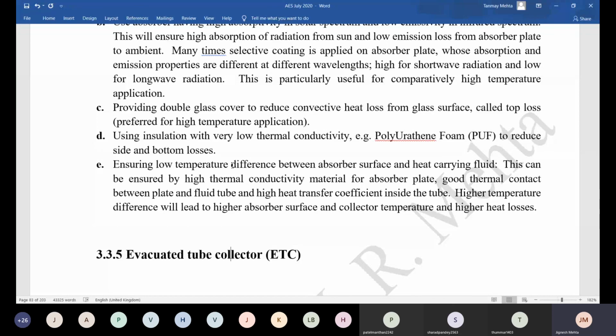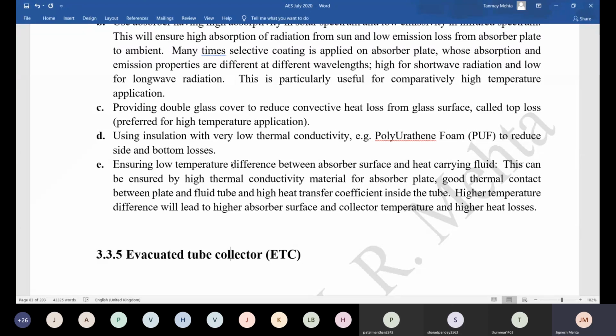So it might be beneficial, when you are using somewhat higher temperatures, to put a double glass cover rather than a single glass cover, to reduce the top loss. But of course, this increases the cost, may increase the maintenance, and may increase the weight of the collector. Using insulation with a very low thermal conductivity would also help.